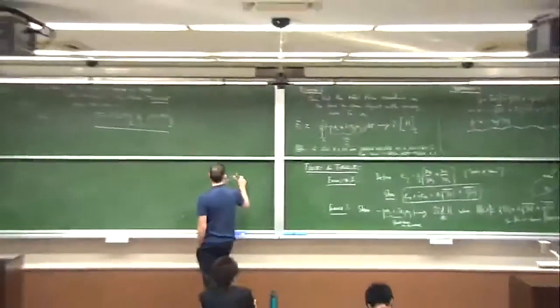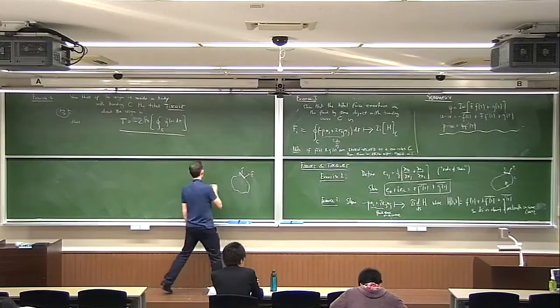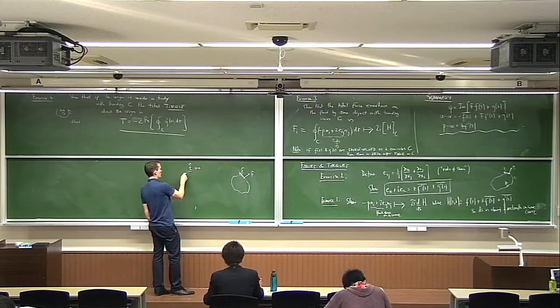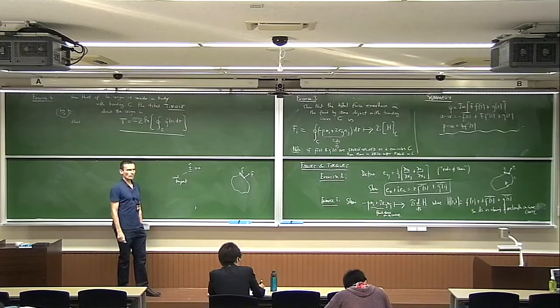Suppose that's the unit tangent vector, and this is the unit normal vector. What's the complex form of the unit tangent on the curve?